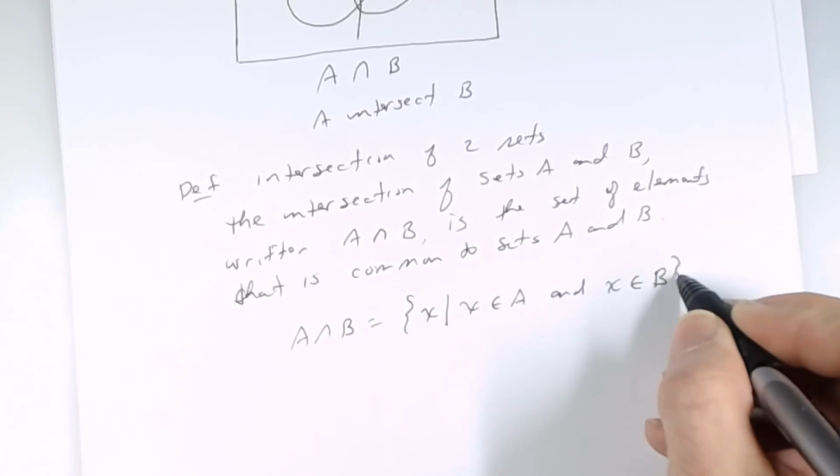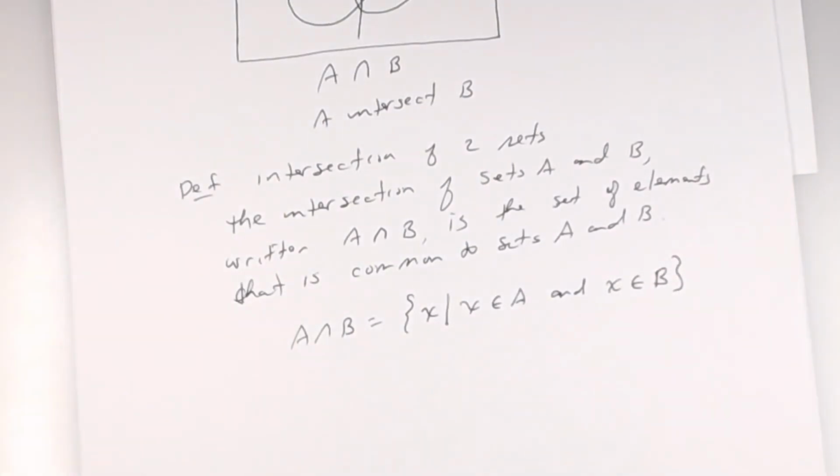B. So that's your set builder notation. The intersection means that x is an element of A and also an element of B. Not difficult. You can visually see in the Venn diagram what that looks like.